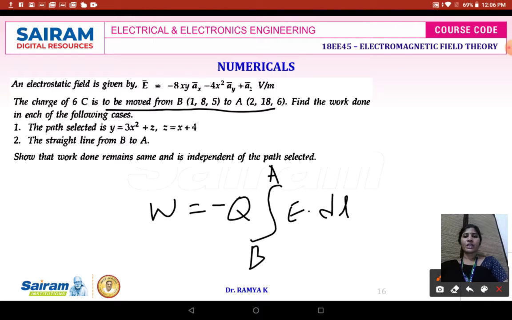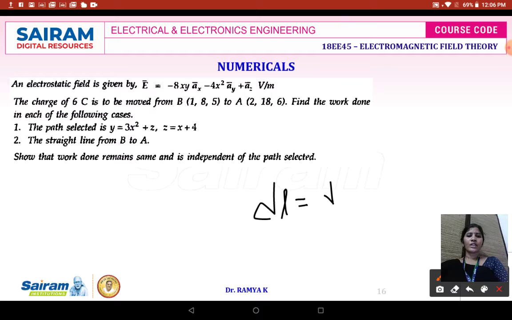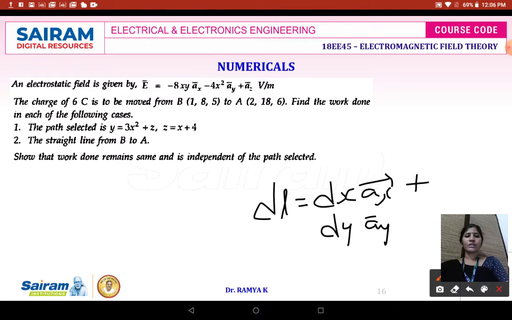The value of E is given in the problem, and the value of dl, since we are going to solve it by means of a Cartesian coordinate system, is dx ax vector plus dy ay vector plus dz az vector.